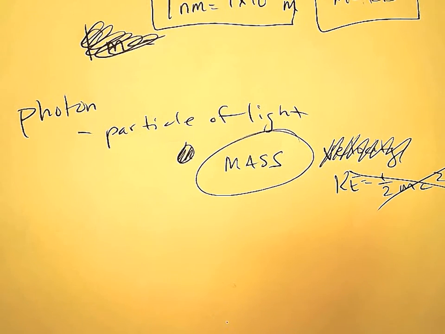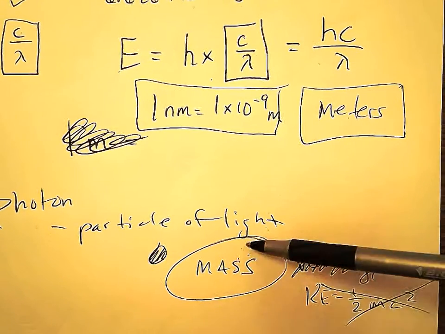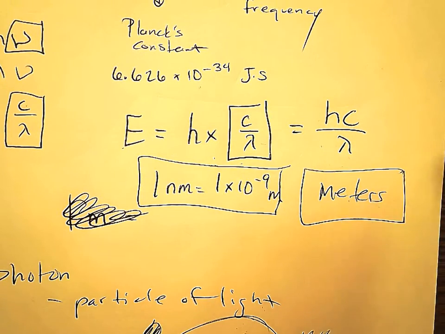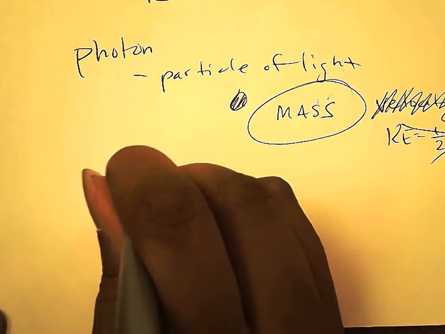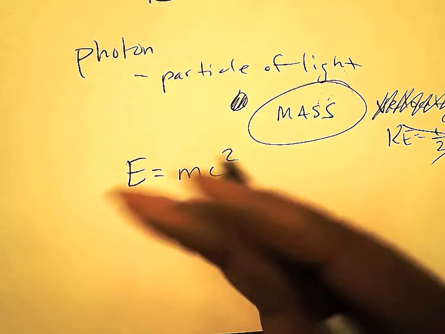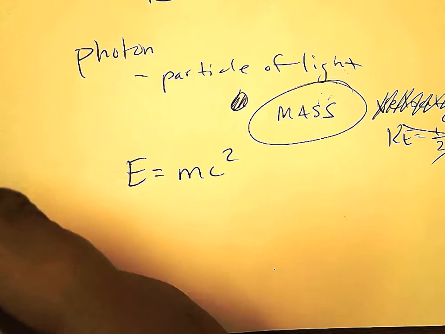What possible equation could I tie in if I'm talking about something behaving kind of like light, but it has mass now? What equation would involve anything from up here? We have this one. It's funny how you learn about this equation in elementary school or middle school, but you never thought you would actually do anything with it.